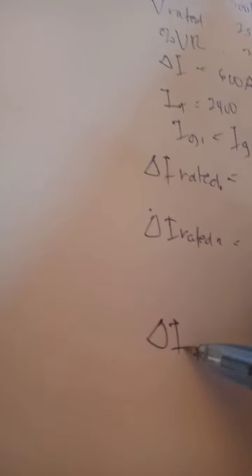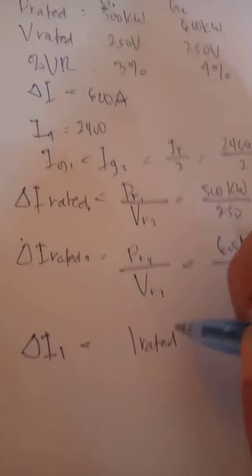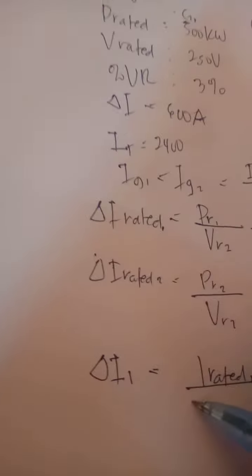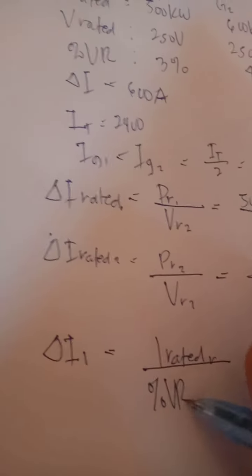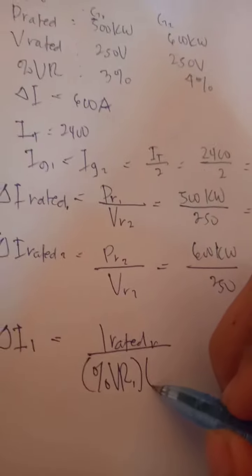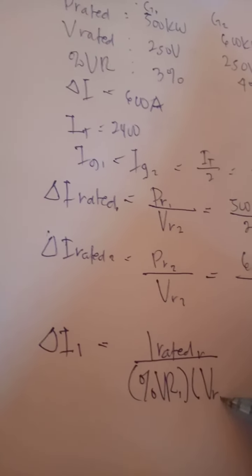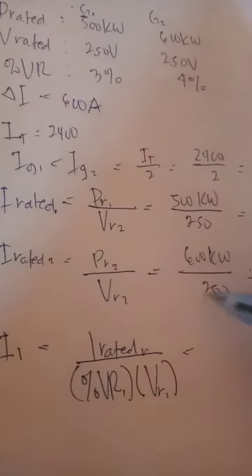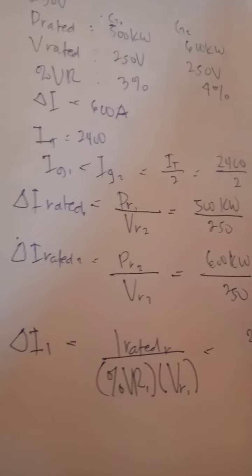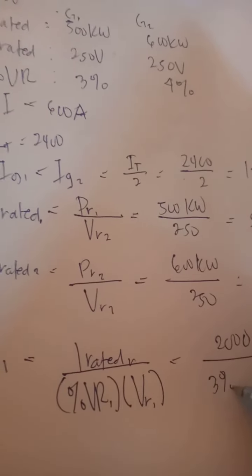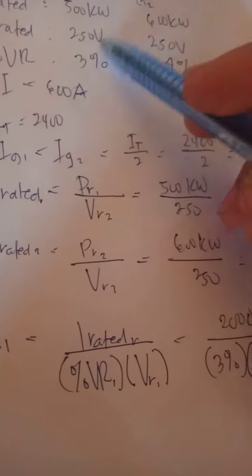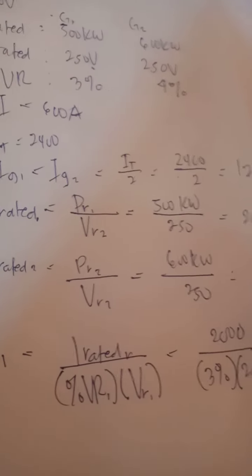Next is we find the delta I of generator 1. We have the formula I rated 1 over the percentage of the voltage regulation 1 times the V rated 1, and that's equal to 2,000 amperes over 3%, then V rated 1, it's 250.